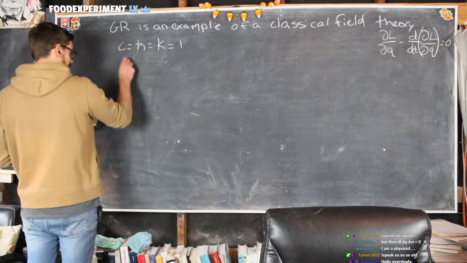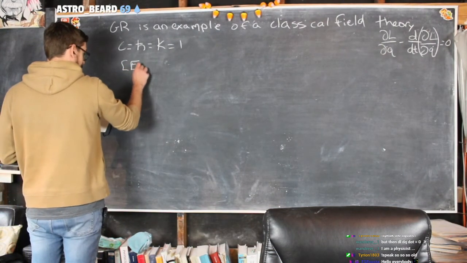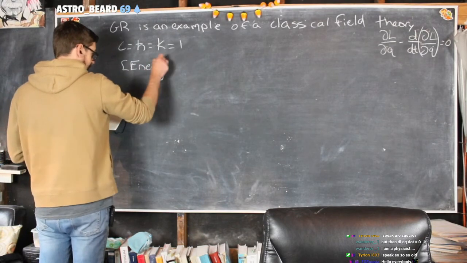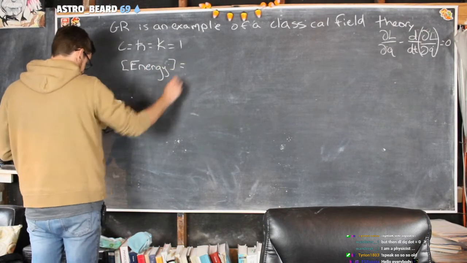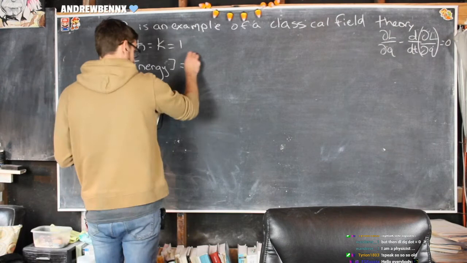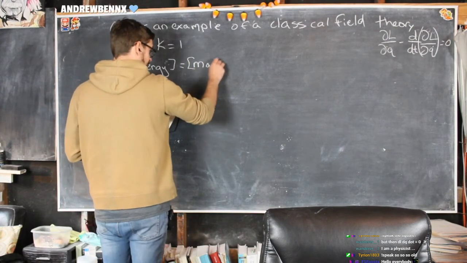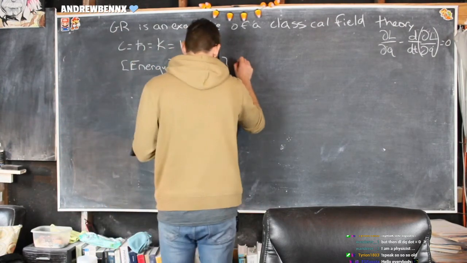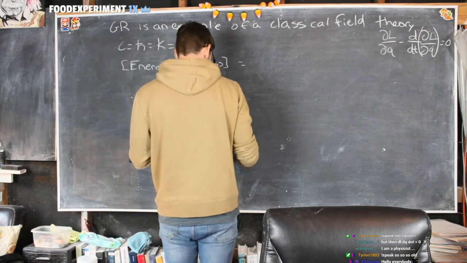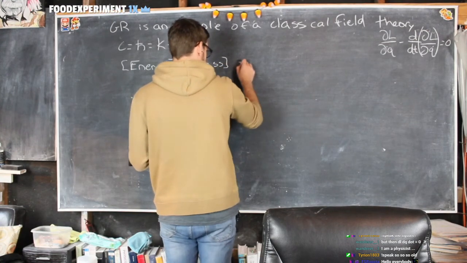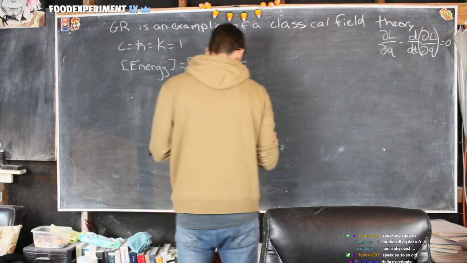But in natural units, we can talk about the following. I think we've shown this on stream before, but I couldn't remember in what situation it was. We know that the units of energy equal the units of mass, that's old Einstein's trick.